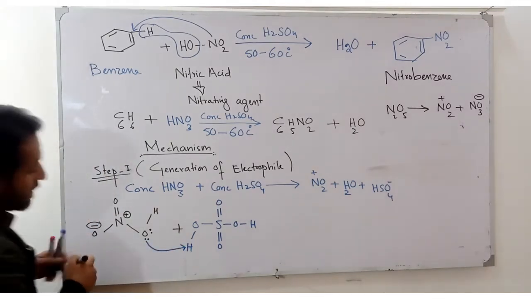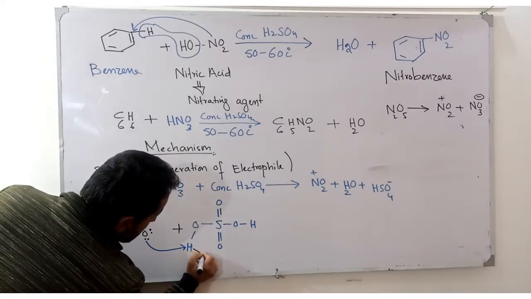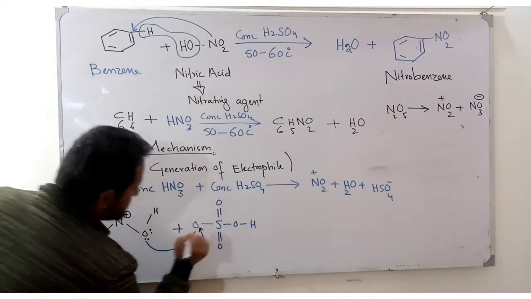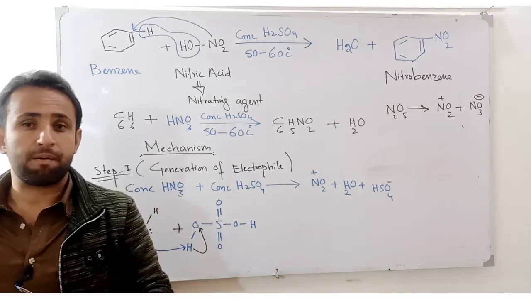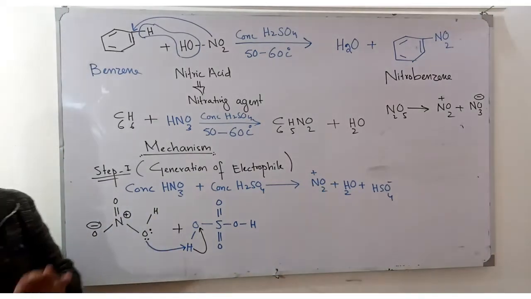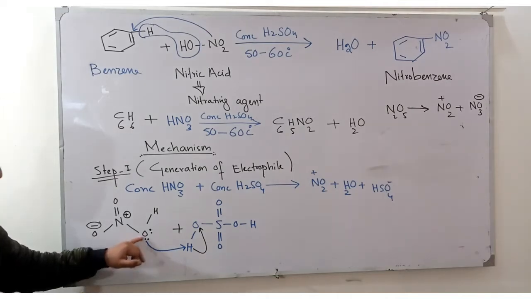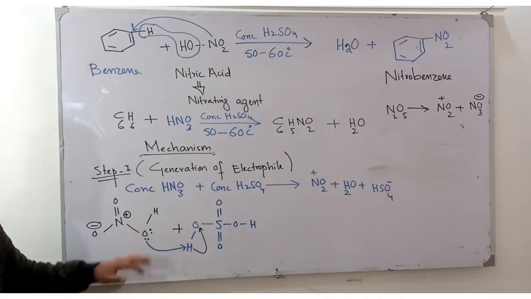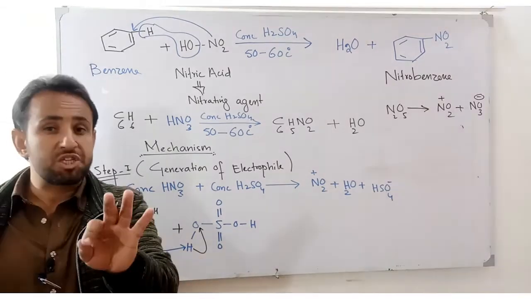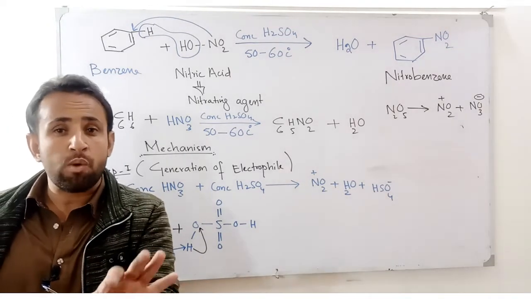Here the hydrogen will give its electron to the oxygen. See, what is the advantage of this step? The advantage is that when this oxygen attacks this hydrogen atom, the oxygen becomes positively charged. That means an oxonium ion will be formed.